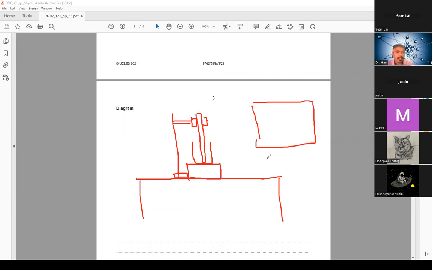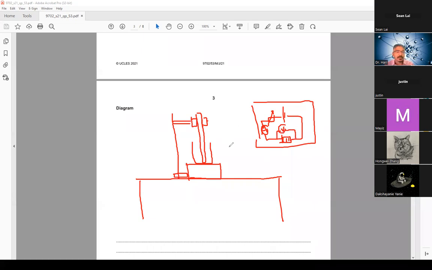Do you know what a schematic diagram is? Let's say like that: power supply, variable resistor, ammeter. Let's say this is a heating element, and so on is the voltmeter. This is a schematic diagram. You can label that schematic diagram.